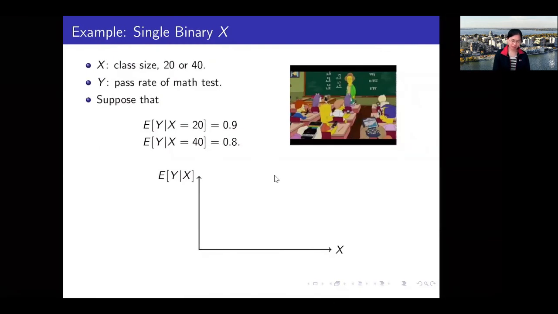Now, on this graph that contrasts the conditional mean of y given x and x, we can draw these 2 points. That is 40 and 0.8, and that is 20 and 0.9.